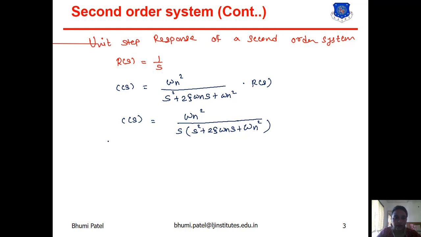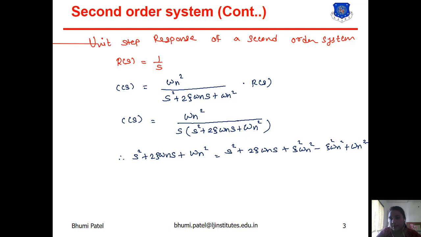Now if we rewrite this term, S square plus 2 zeta omega n S plus omega n square is equal to S square plus 2 zeta omega n S plus zeta square omega n square minus zeta square omega n square plus omega n square.